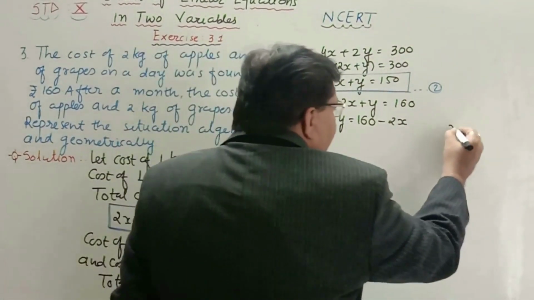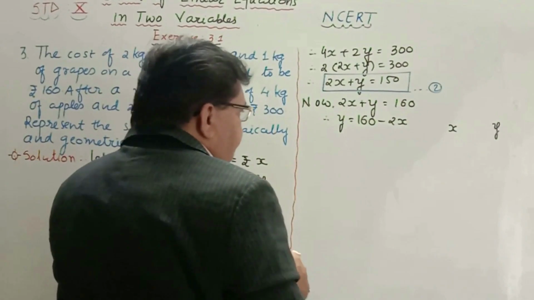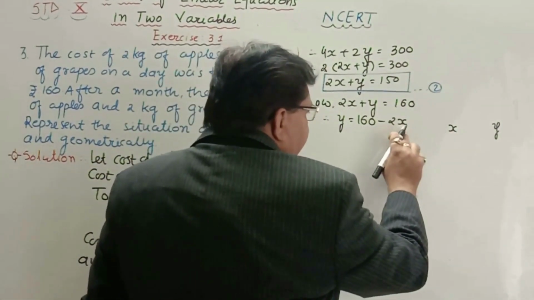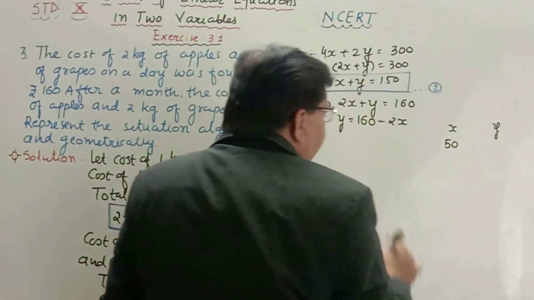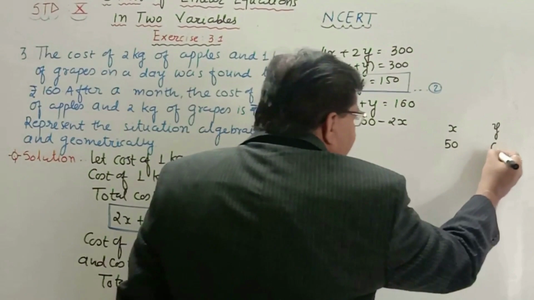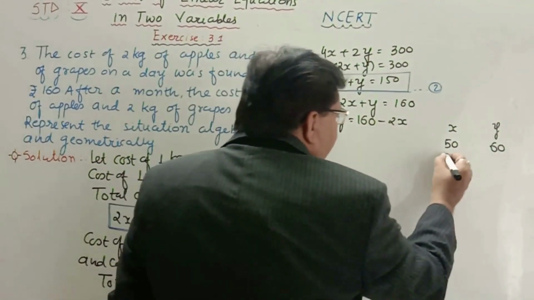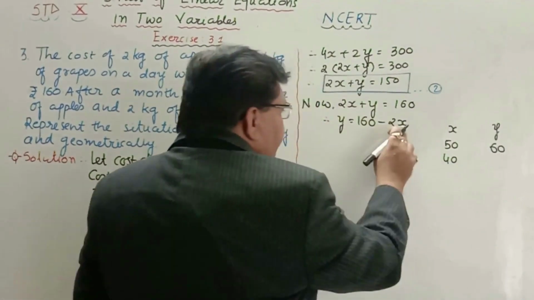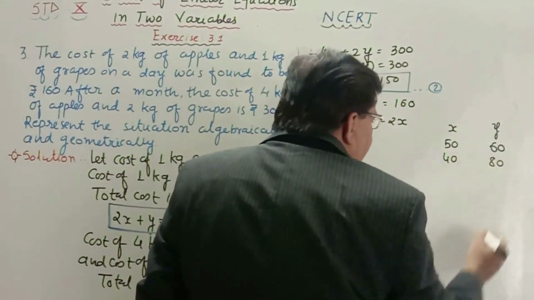Now we assume the values of x and y. We put the value of x as 50. 2 times 50 is 100. 160 minus 100, here we get 60. We put 40 here. 2 times 40 is 80. 160 minus 80, here we got 80.